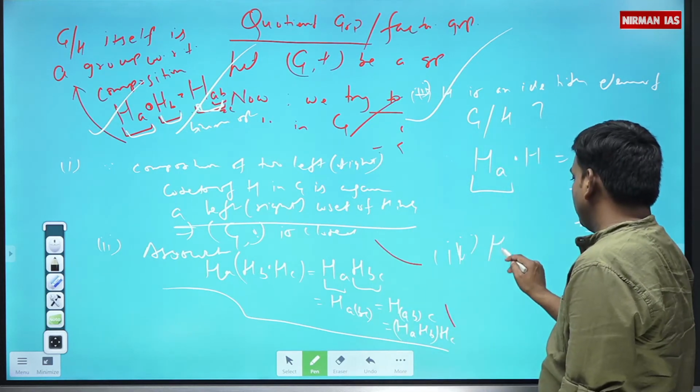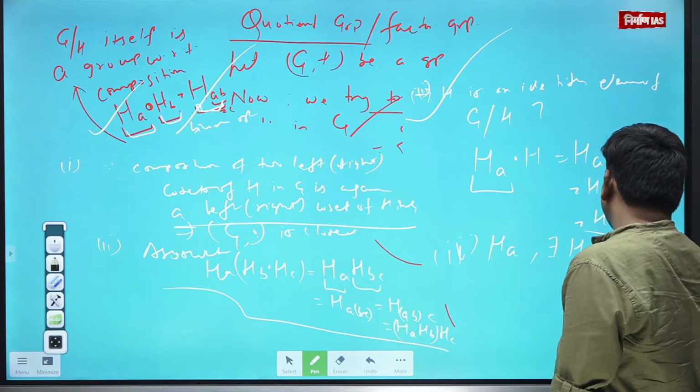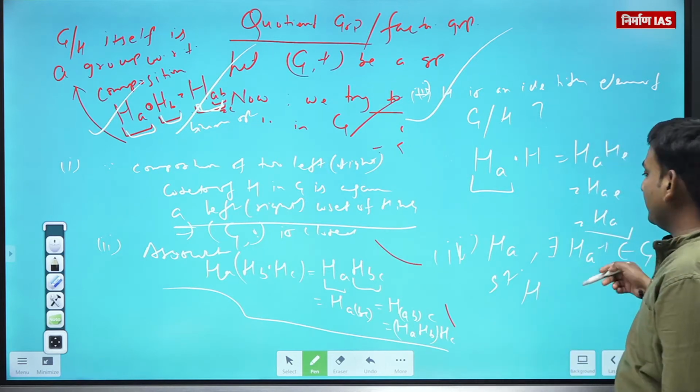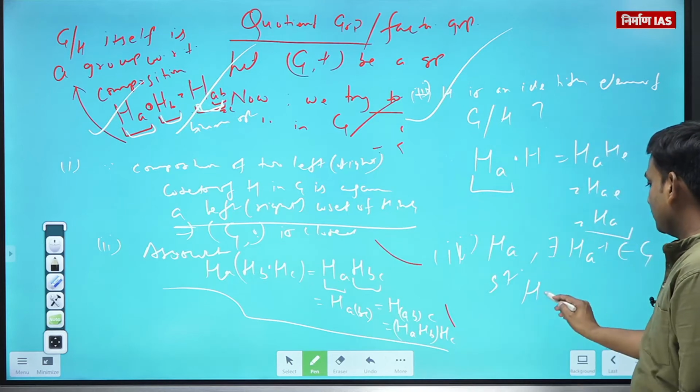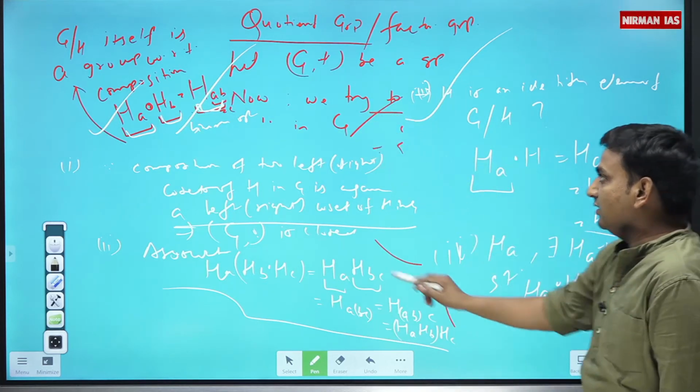In the same fashion, for each Ha, there exists Ha inverse in GH such that, because a inverse is also some element of G, it will generate a coset too. So Ha composition Ha inverse by the given composition, what will it be?